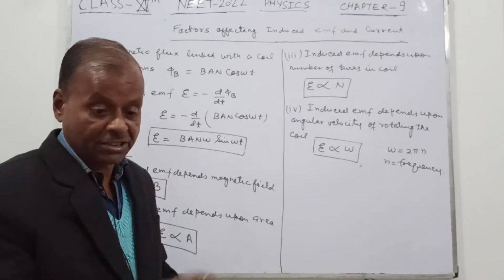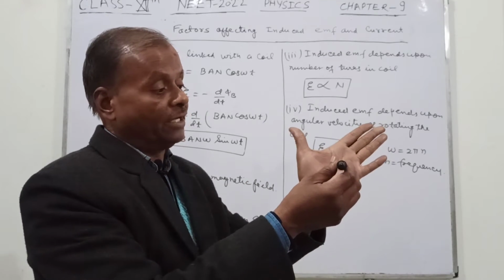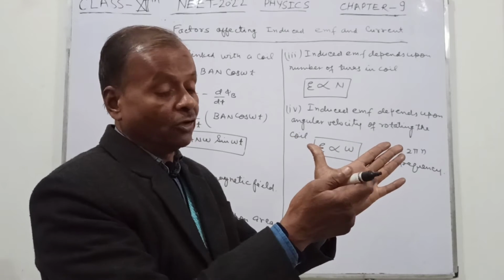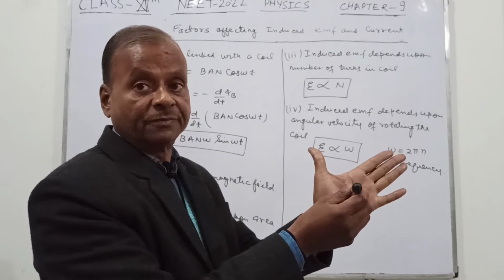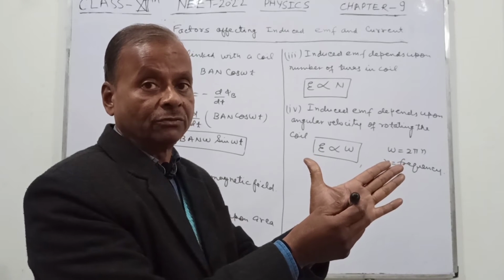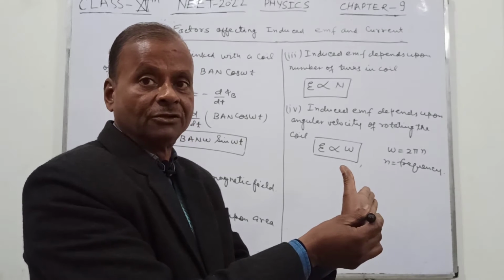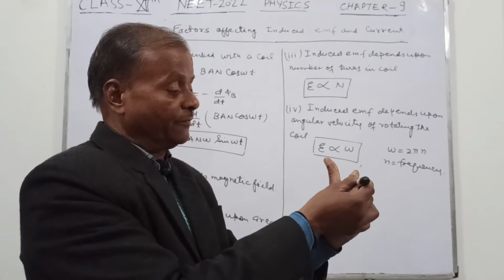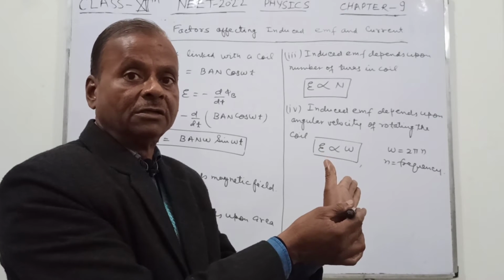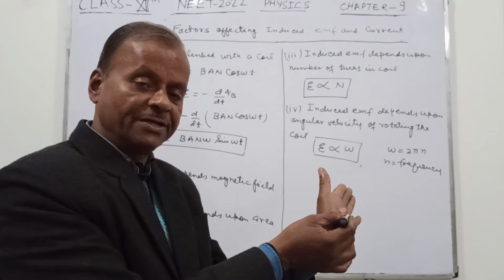So suppose this is the magnetic field line in this way and the coil is in this way, then the normal of this coil will be in the direction of this magnetic field line. So omega t equal to 0. But when this coil is rotated like this, so the surface of this coil becomes parallel to the magnetic field line, then the induced EMF is maximum.